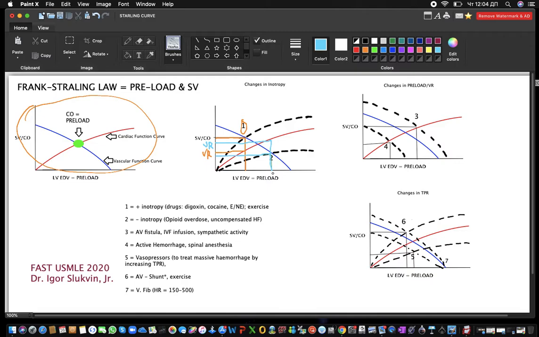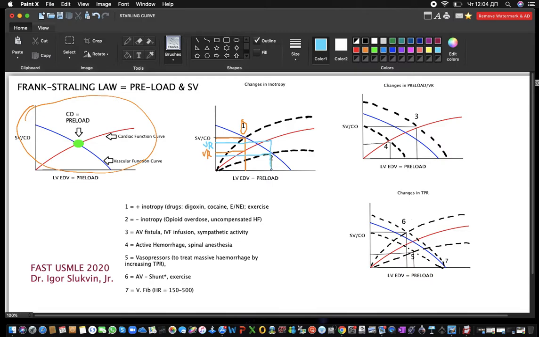So this happens in uncompensated heart failure, opioid overdose, and a decrease in inotropy. This makes sense because your cardiac output is obviously decreased, so your heart is contracting less forcefully and not getting as much cardiac output.